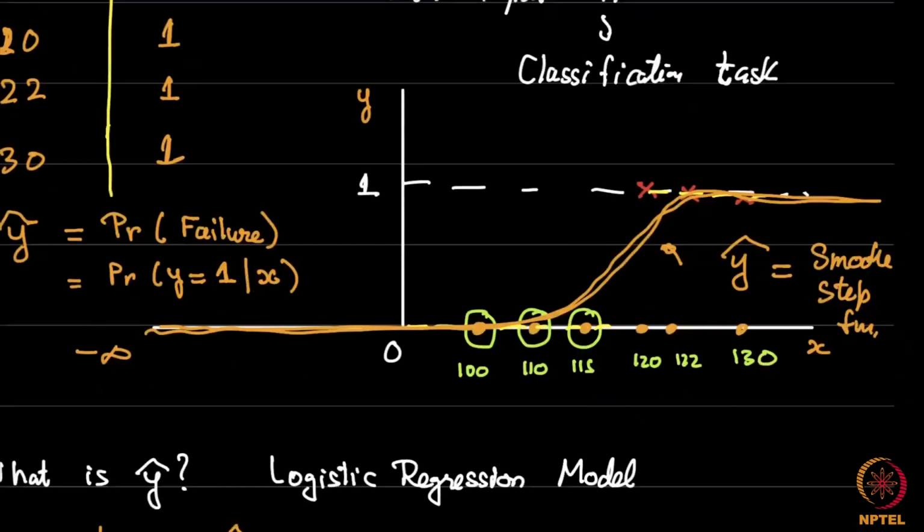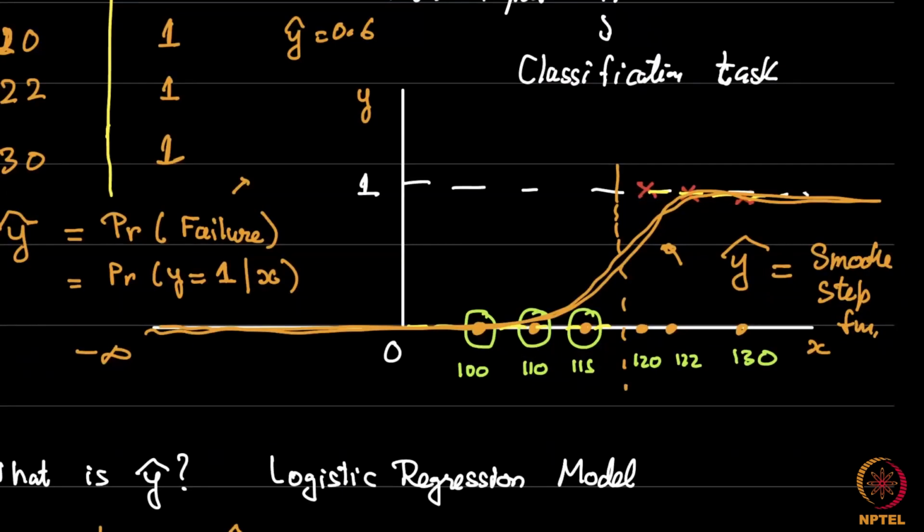Okay. Now, the next thing is this, a key point where the situation flips. So let's say the probability of failure y hat turns out to be 0.6. You say, well, probability of failure is 0.6. Then people will assume that it is more than 50% chance, so it has failed.